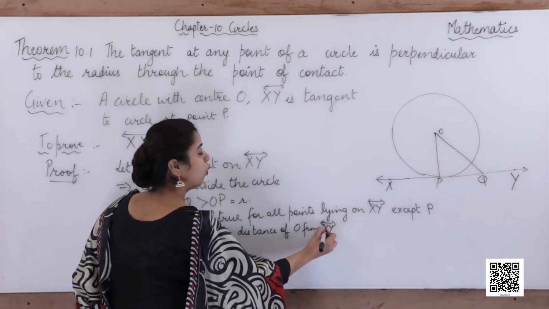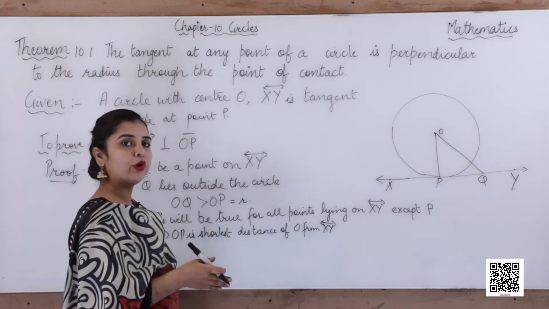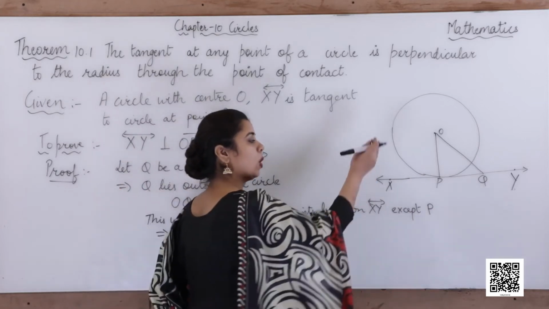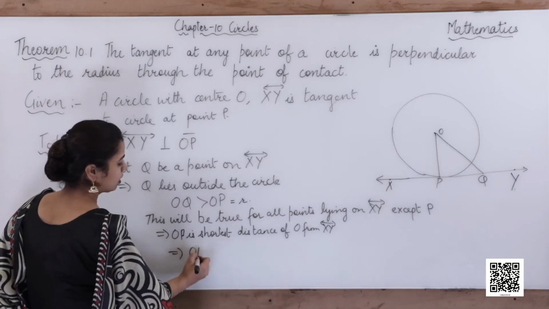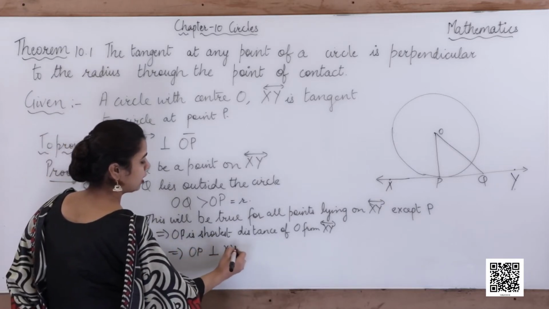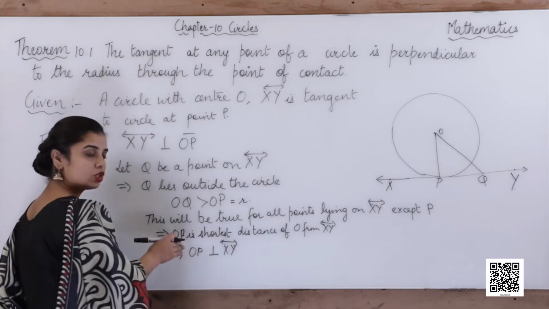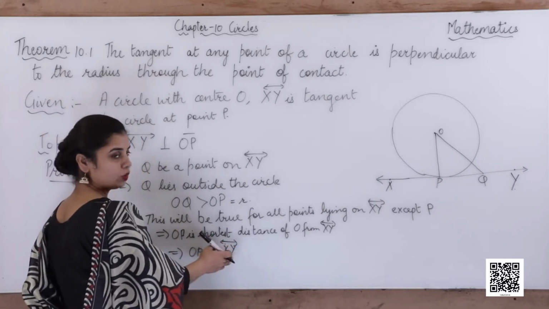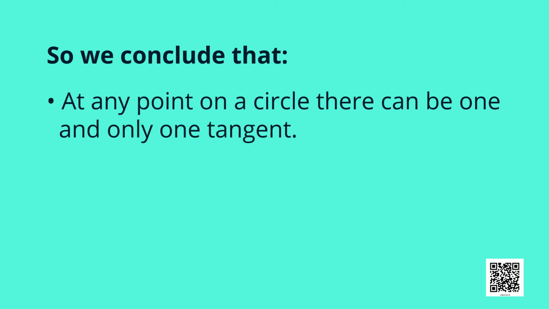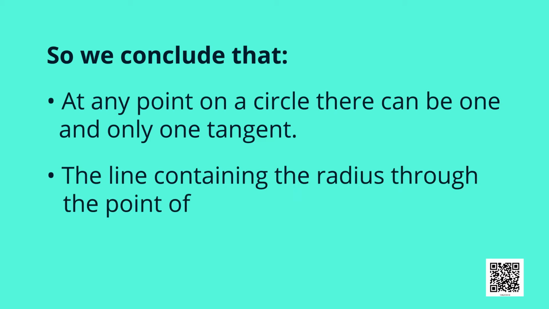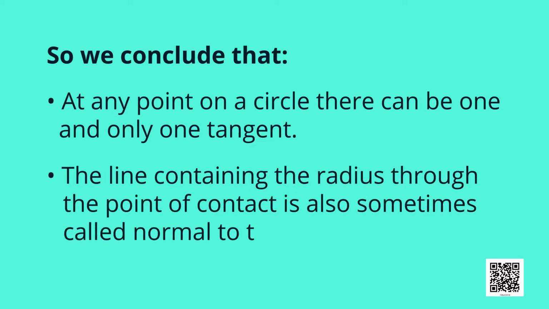And children, what is the shortest distance of a point from a line called? It is called perpendicular. So we can say that OP is perpendicular to XY, because the shortest distance is perpendicular to the line segment. So we conclude that at any point on a circle, there can be one and only one tangent. The line containing the radius through the point of contact is also sometimes called the normal to the circle at the point.